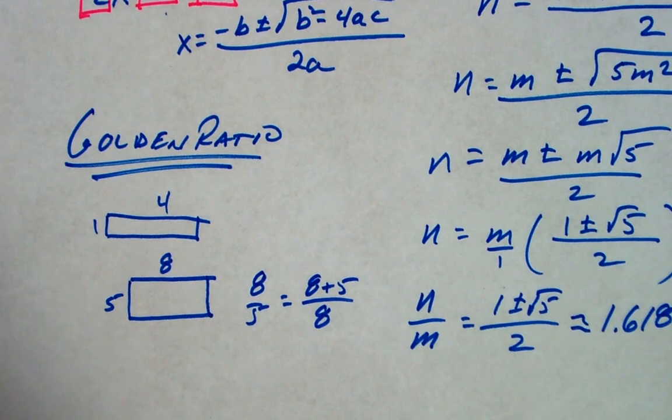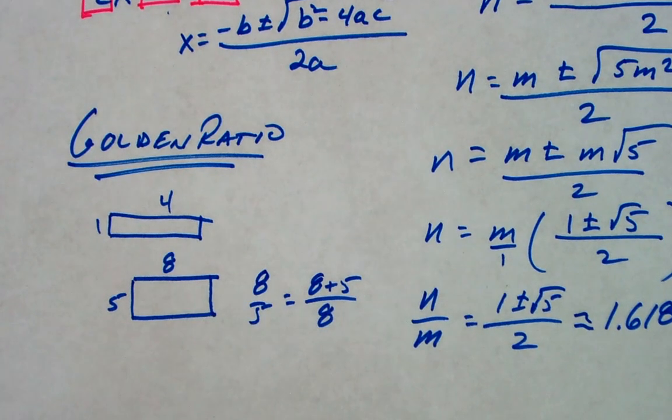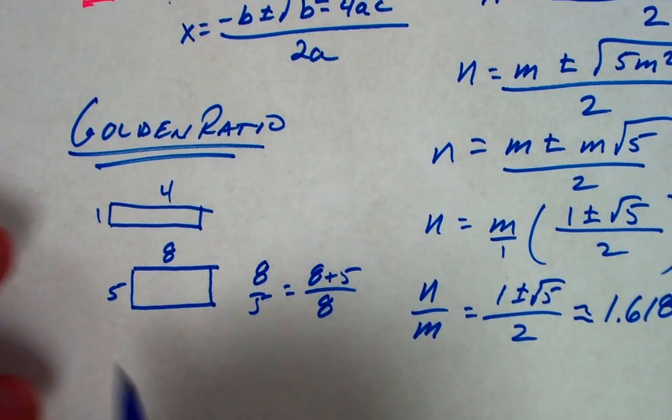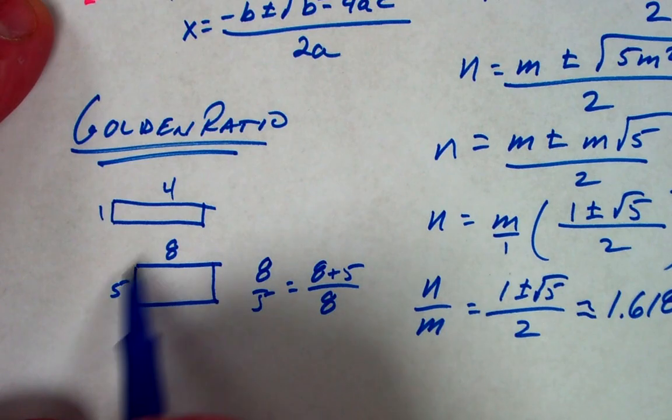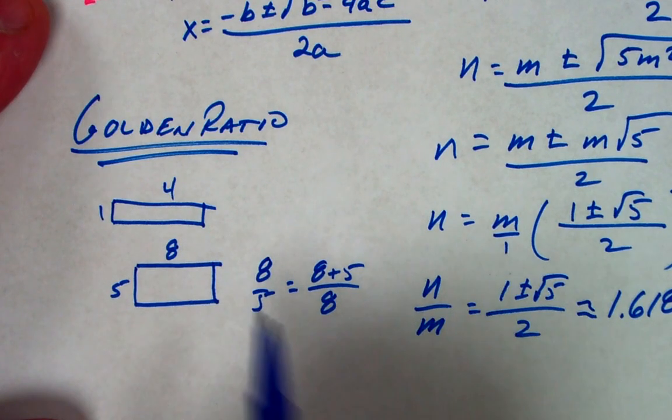That's what the golden ratio is technically defined to be: in a rectangle, long over the short is the same thing as the sum of the two over the long.